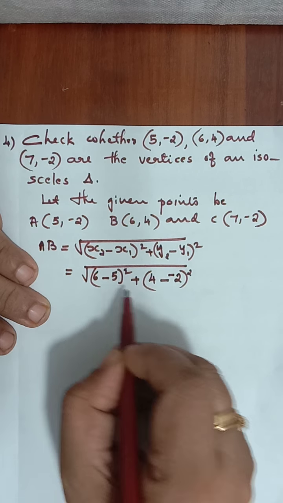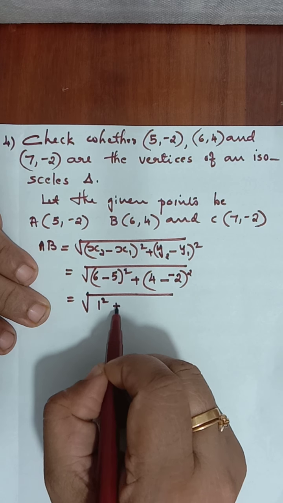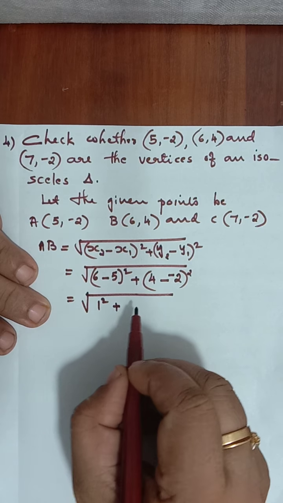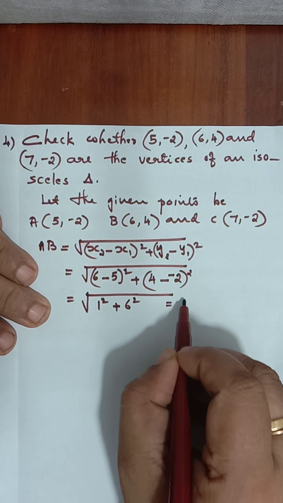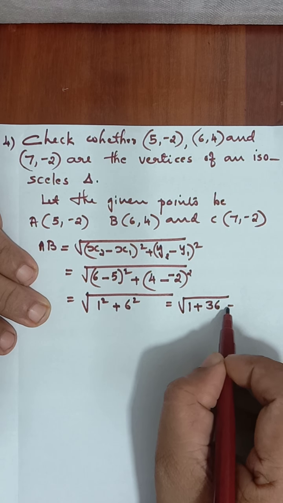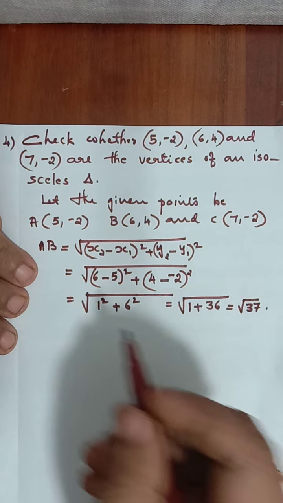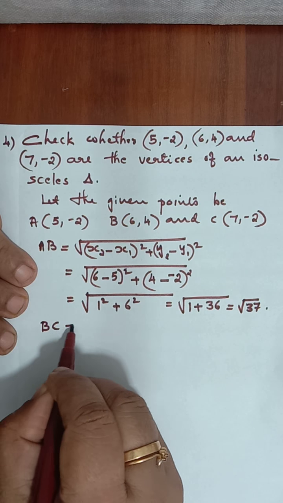Be careful when both minus comes. Square root of 6 minus 5 is 1 square plus 4 plus 2, 6 square. That's equal to square root of 1 plus 36, 37. So here we are getting root 37.